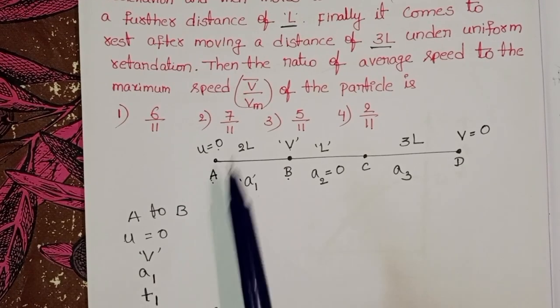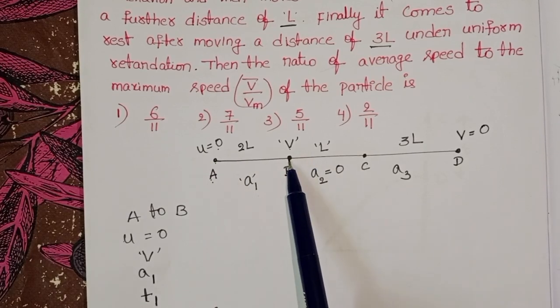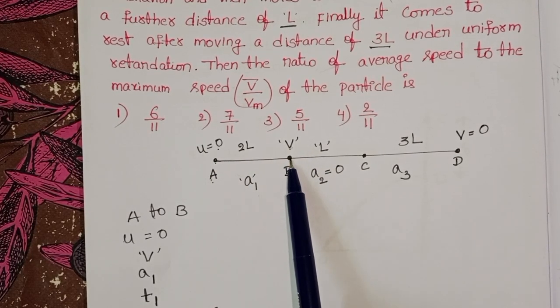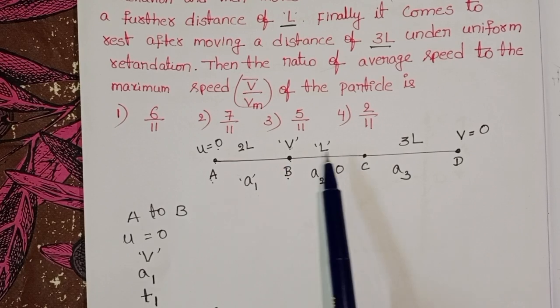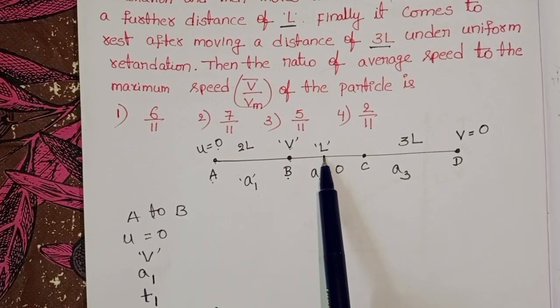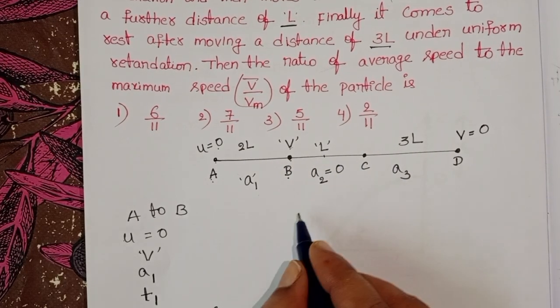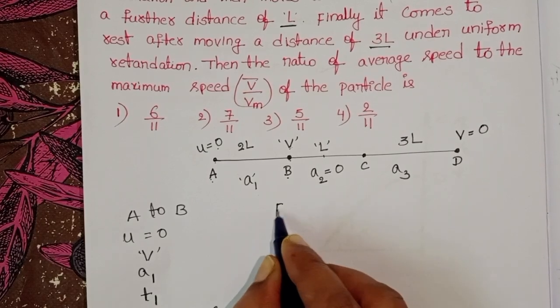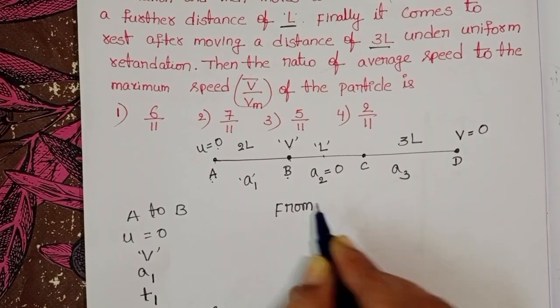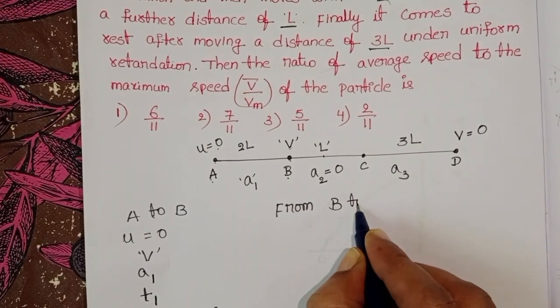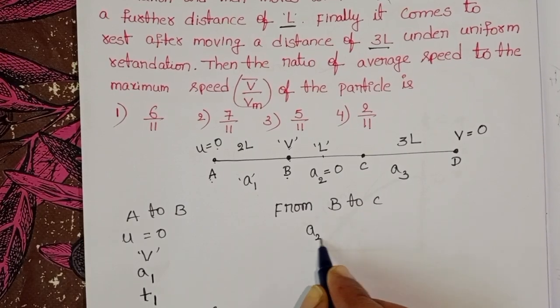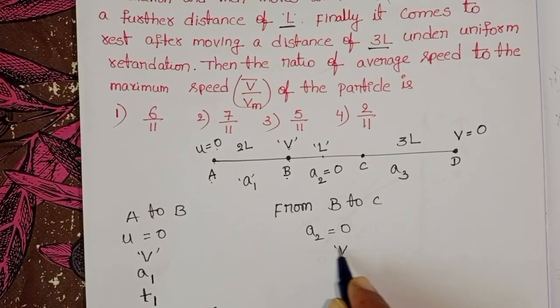Initially it starts from rest and at point b the velocity of the particle is v. With the same velocity only, the particle travels another l distance. So at this point acceleration is 0. From B to C, acceleration 0 and moving with constant velocity.